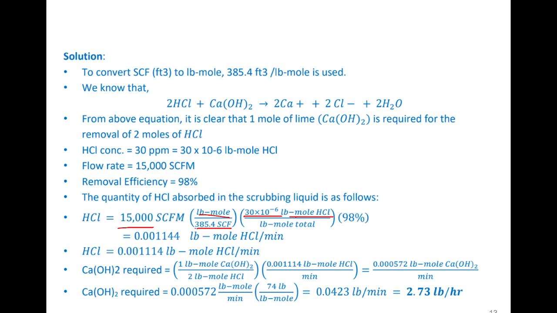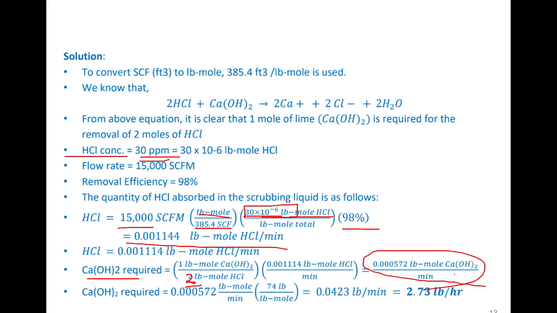So if I multiply 15,000 by 385.4 into 30 into 10 power minus 6 into 98%, I will get the HCl concentration. Then half of this will be converted, sorry, half of them will be required as calcium hydroxide. Out of this value, half of this, I am getting this much moles of calcium hydroxide.